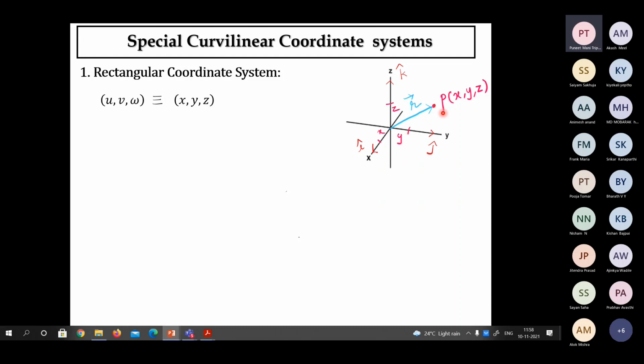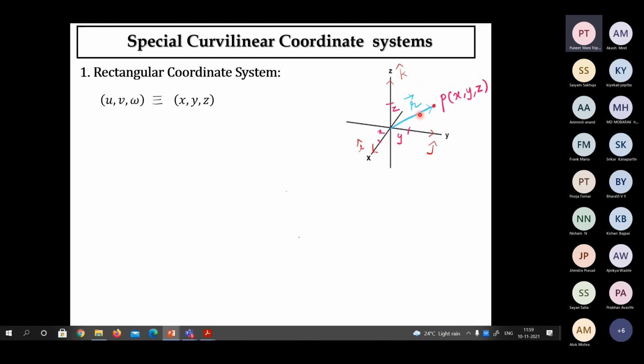And you know how to define it, by how many units it can travel. You take the projection of this P on XY, and when you draw the lines and extend them, you get how many units you have to travel along the x-axis, how many along the y-axis, and how many along the z-axis.